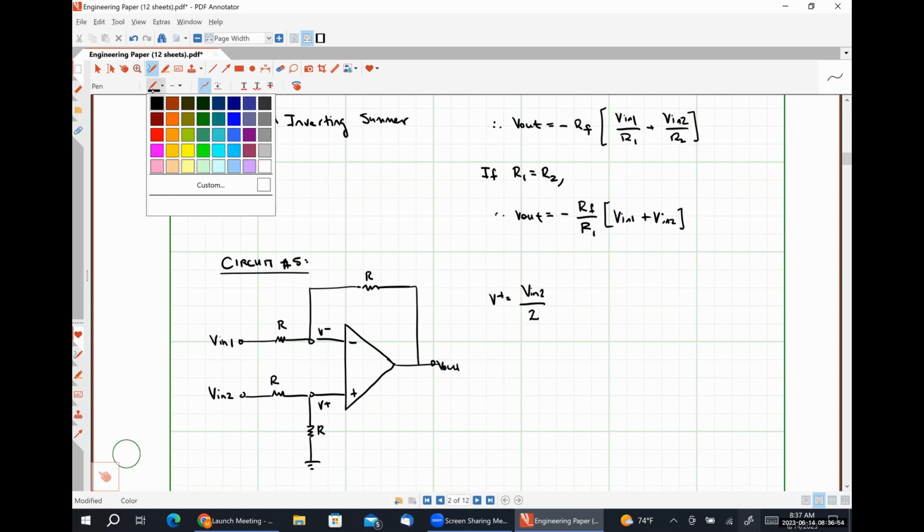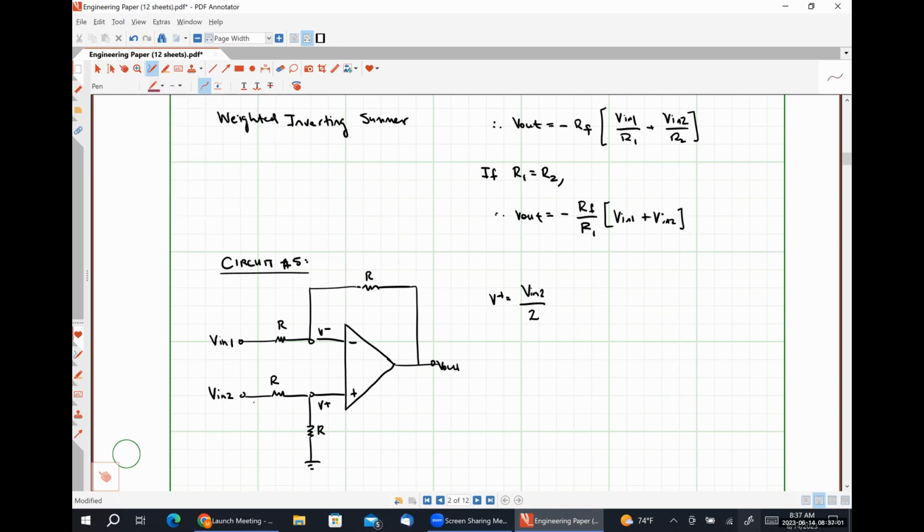And I'm going to explain that, hopefully pretty straightforwardly, by observing that all of the current that leaves our input voltage source 2 has to flow through resistor R in the horizontal position, and then flow through this resistor R in the vertical position, like so, in its path to ground, because we know that none of it can split off and flow into this input node.